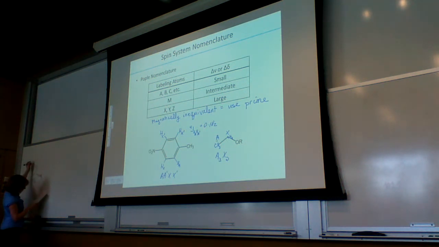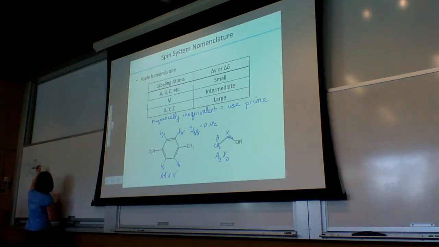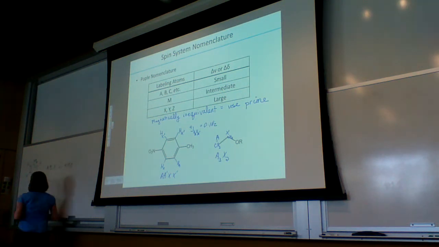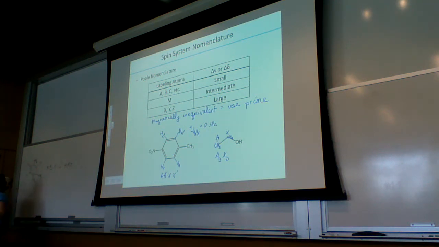And this one, we probably have to see the actual spectrum in order to determine whether they are A or B or M or X. So in this case, we have a hydrogen here, here, and here. So we're going to talk about this as an A, and then a B, and an X. It could also be an MX for the 3 different hydrogens, depending on how close their chemical shift values are.